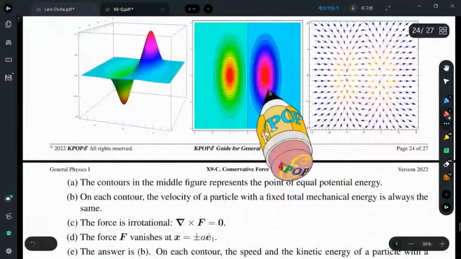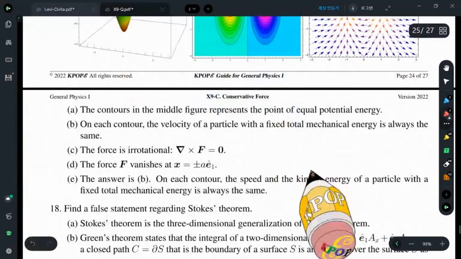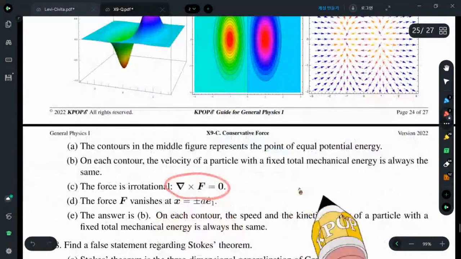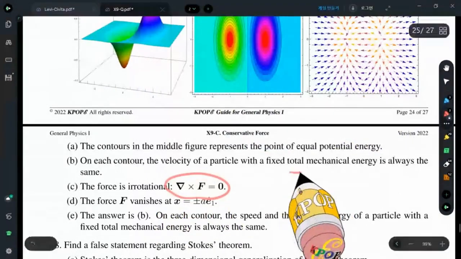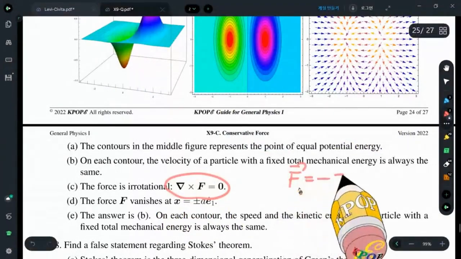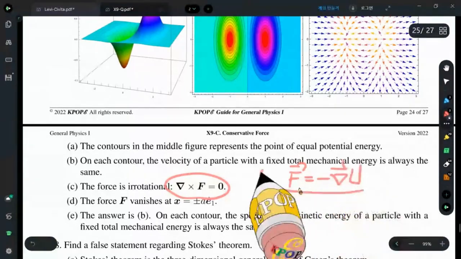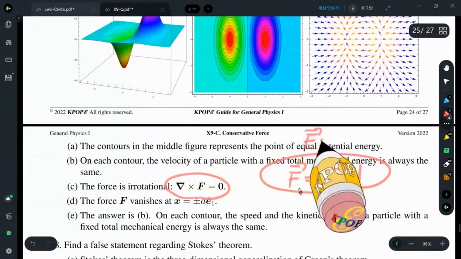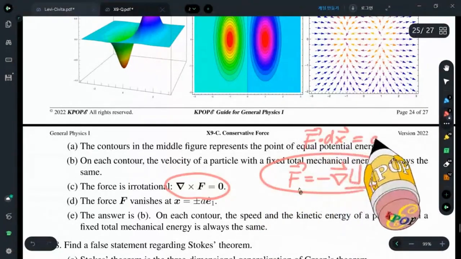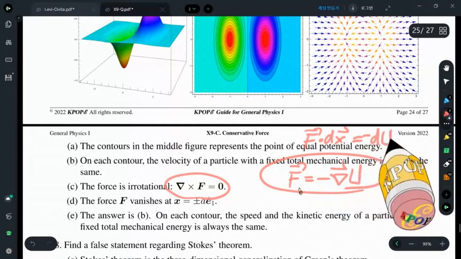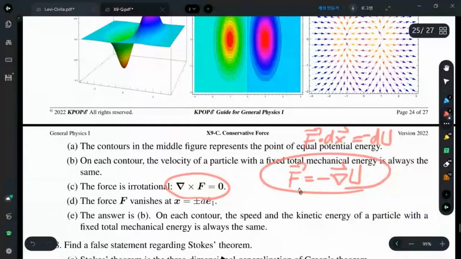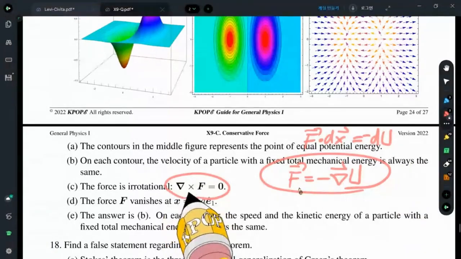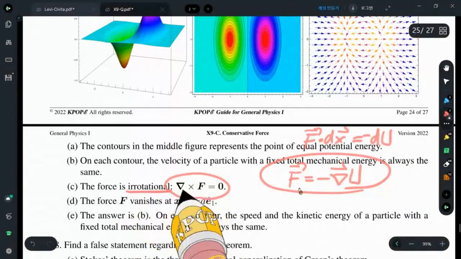So let me pass. This is the same problem. I told you F is expressed in terms of this whenever this one is expressed as a total differential of potential energy. And in addition, if it is irrotational, it does not rotate.